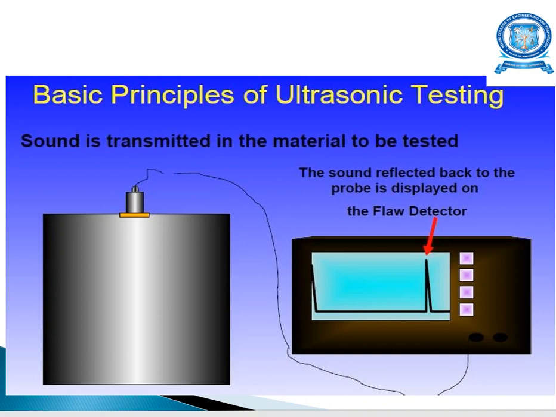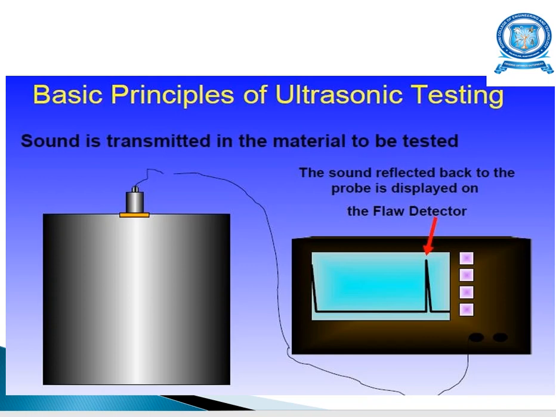Now the basic principles of ultrasonic testing. Here, sound is transmitted into the material that is to be tested. You have a transducer, which has a transmitter and a receiver inside.